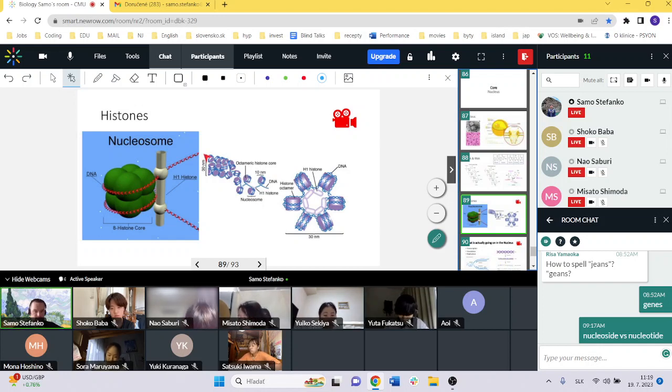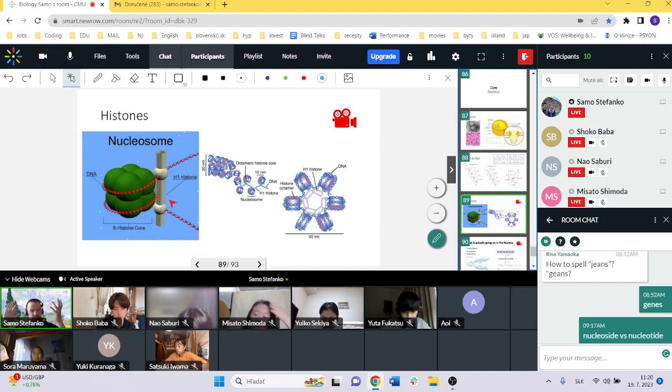And as you see, DNA is wrapped around it. They play a role in organizing chromosomes and in conserving space within the nucleus. Basically, they are saving space and trying to be as efficient as possible regarding the space.